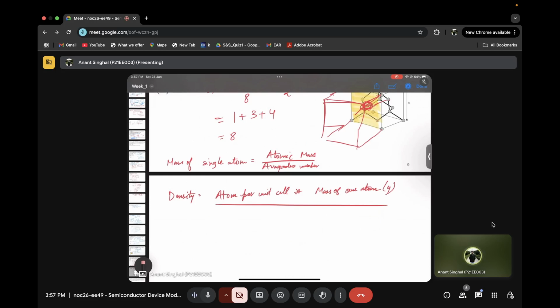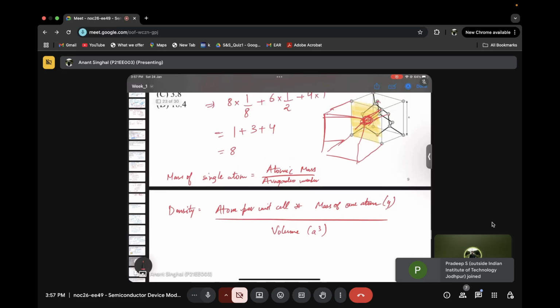Density is mass per unit volume, right? And we know the volume. Let's say we have a cube, so the volume would be a cube, if the side of the cube is a.